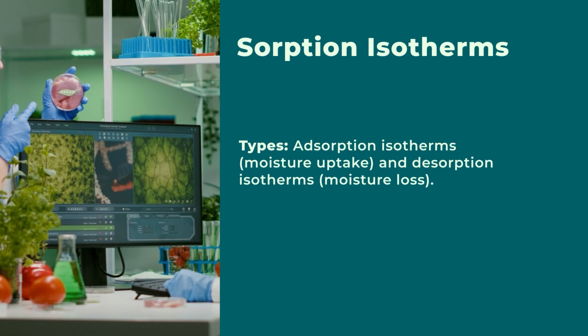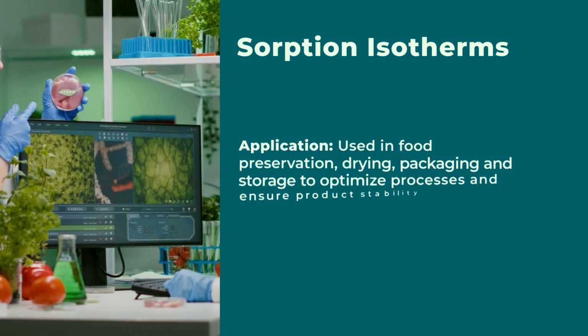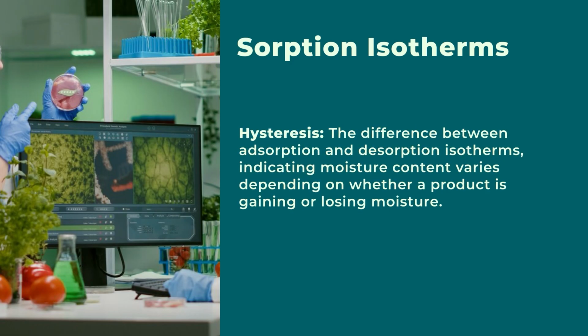There are two types of curves: adsorption isotherms, that is moisture uptake, and desorption isotherms, that is moisture loss. The purpose is that it helps in preservation, drying, packaging and storage, for optimization of processes and to ensure product stability. There is another term, hysteresis.